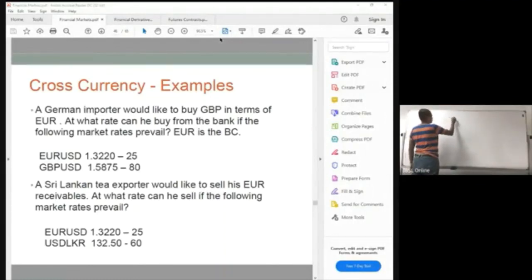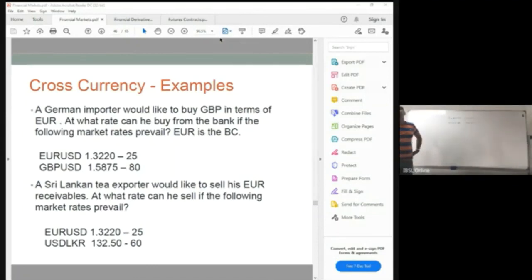Given euro dollar 132.20, 25, and dollar rupee 132.50, 60. Right. So we have indirect, direct.